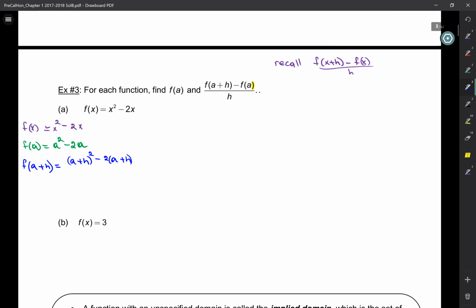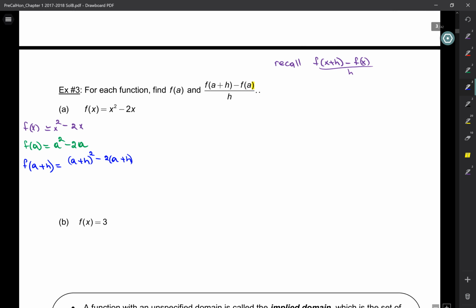Now, of course, we simplify. So a plus h squared is what? A squared plus 2ah plus h squared minus 2a minus 2h, right?